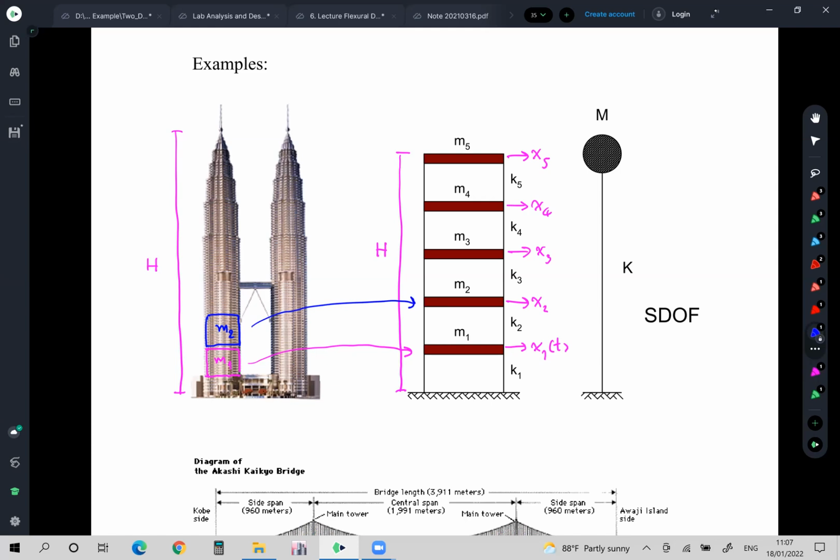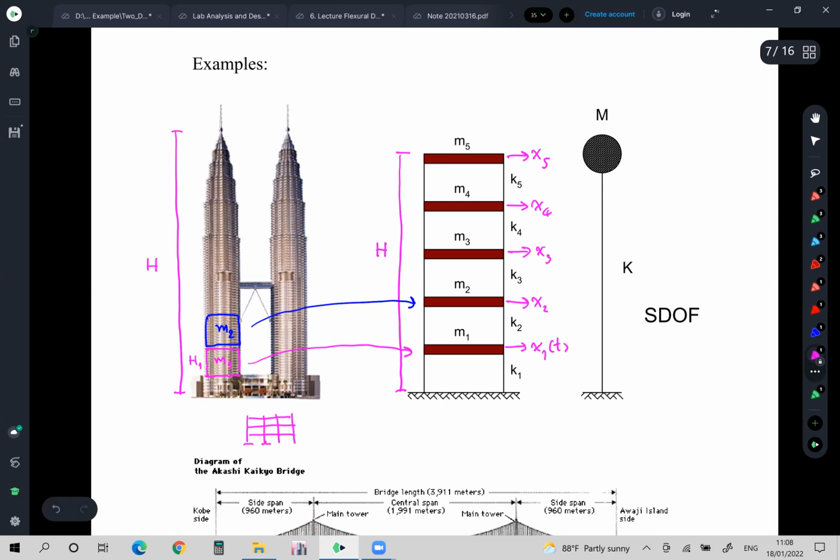You lump the mass, you lump the stiffness. For the stiffness, it looks like you cut the building, for example, along H number 1 here. For only the portion of the building called H number 1, if I model the building in finite element, you have many floors there, you have the columns, you have the beams, maybe.